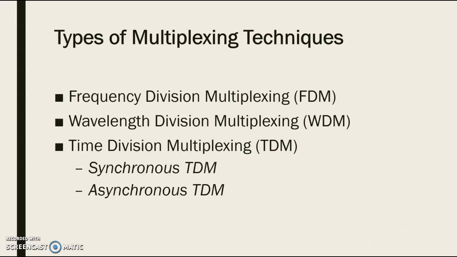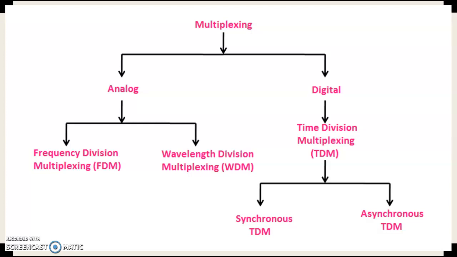So there are three types of multiplexing techniques. First is frequency division multiplexing, FDM, wavelength division multiplexing, WDM, and time division multiplexing, TDM. And under TDM, we have synchronous TDM and asynchronous TDM. So this is the family branch or chart of multiplexing.